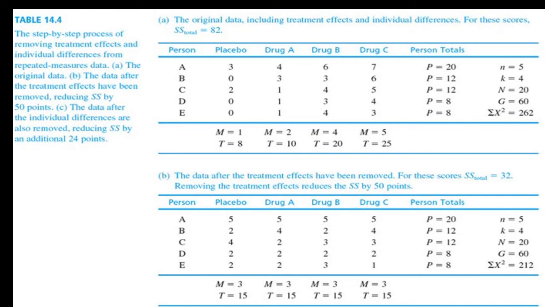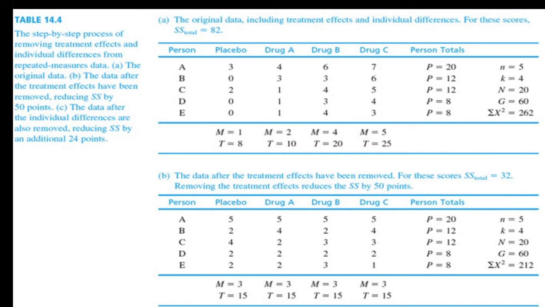In letter A, the original data, including treatment effects and individual differences, for the scores SS total is equal to 82. Letter B, the data after the treatment effects have been removed, reducing SS by 50 points. And letter C, the data after the individual differences are also removed, reducing SS by an additional 24 points.